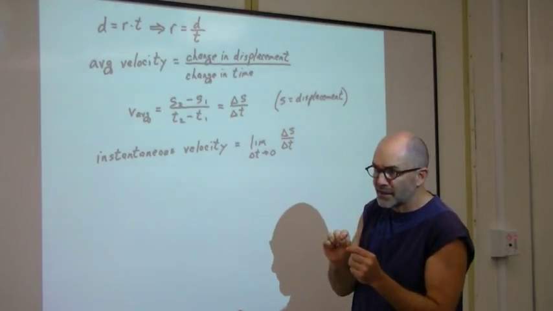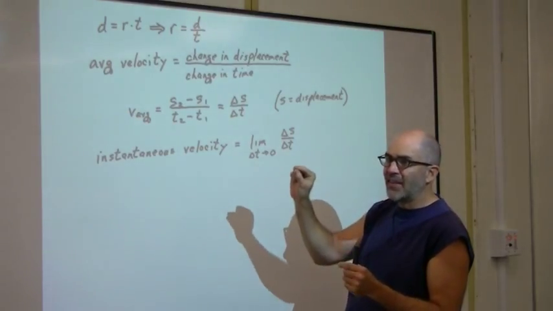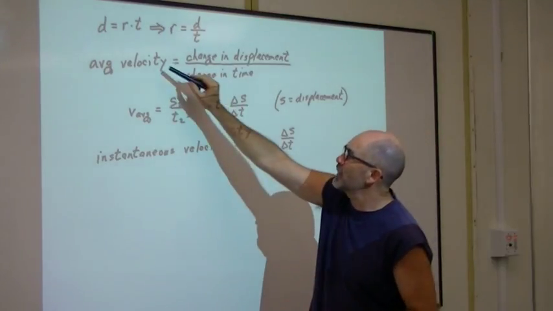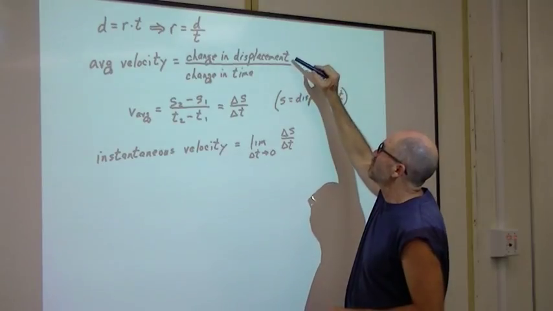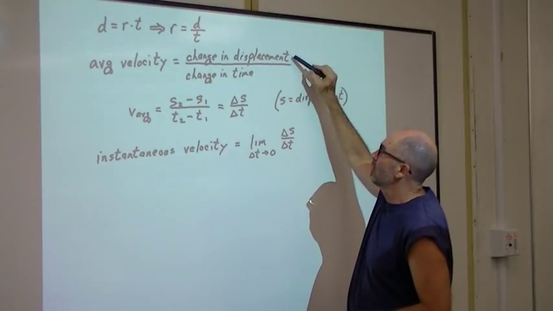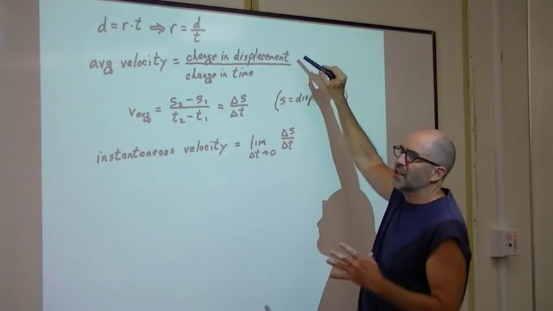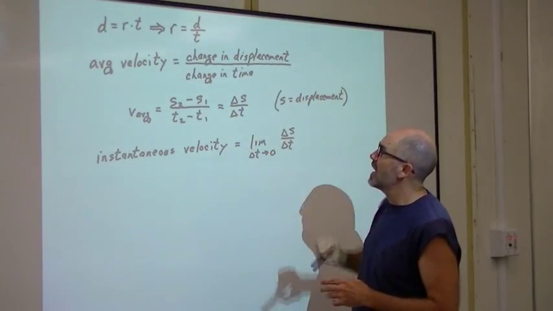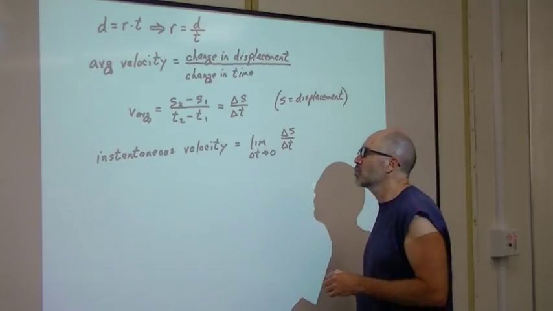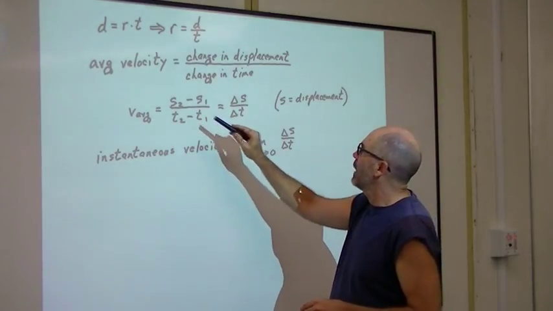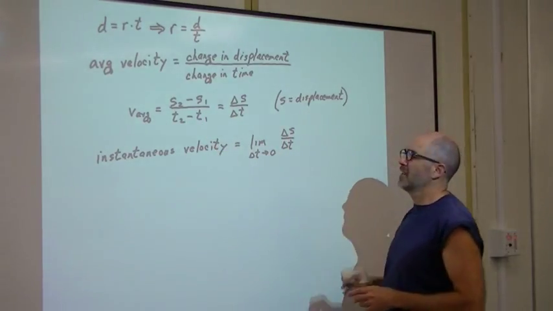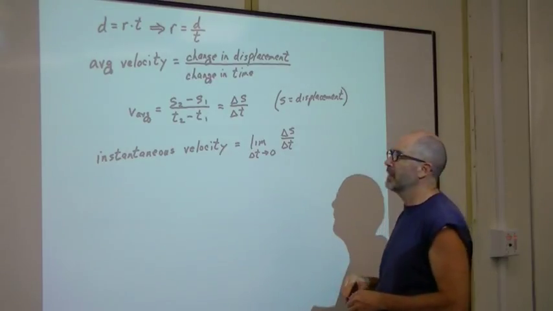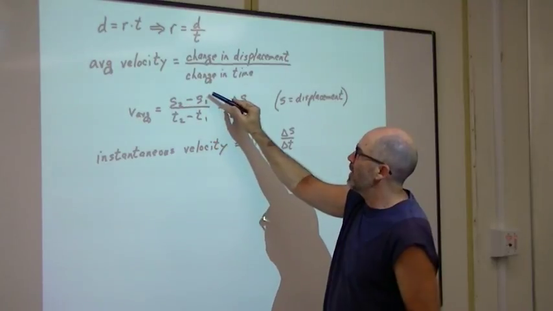No, it started out at 0 and it sped up, and then it slowed back down, sped up, slowed back down. So we have an average velocity, which is going to be the change in displacement, which means the total distance you've covered, divided by the change in time. So we could write that, well, first of all, S is the variable for displacement. So S sub 2 minus S sub 1.